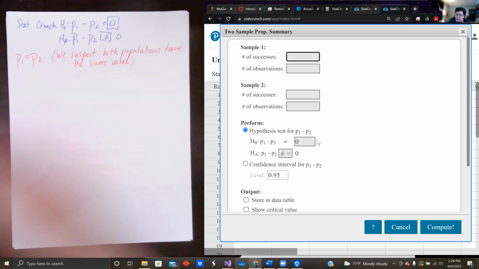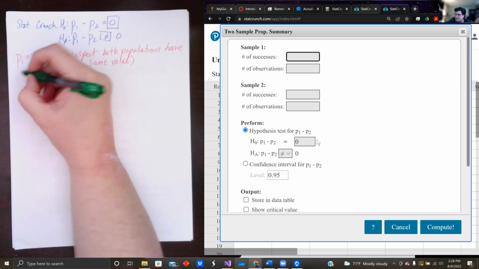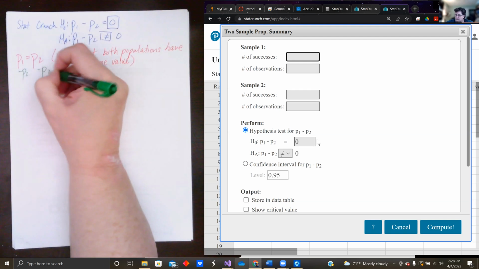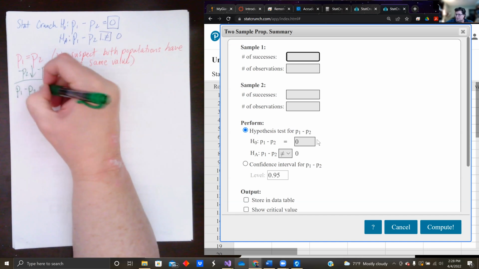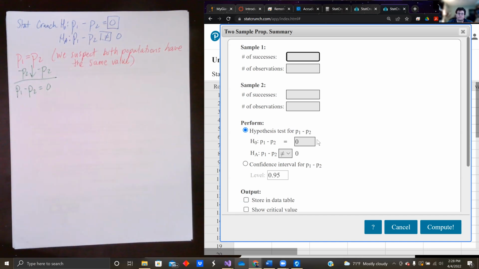If I subtract P2 from both sides, I get P1 minus P2 equals 0.